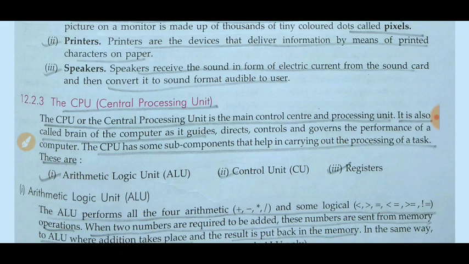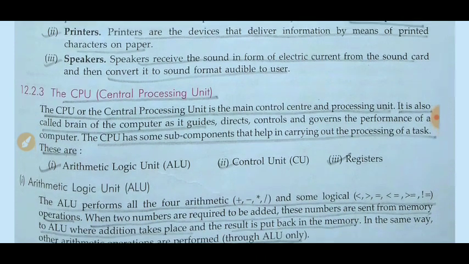CPU, Central Processing Unit. The CPU or Central Processing Unit is the main control center or processing unit. It is also known as the brain of the computer, as it guides, directs, controls and governs the performance of a computer.